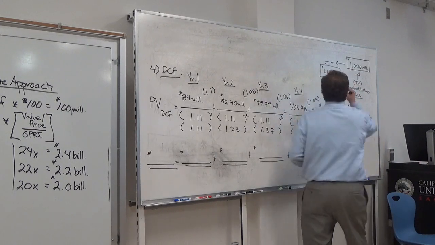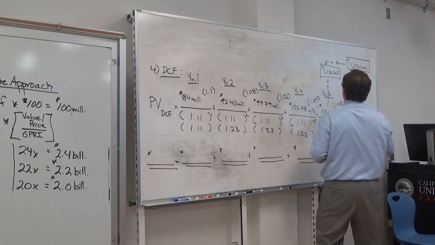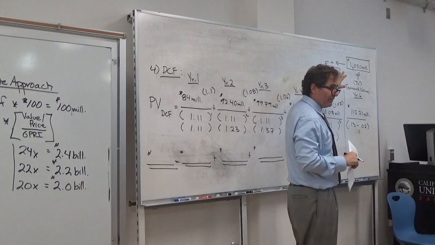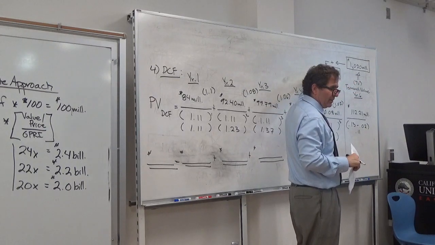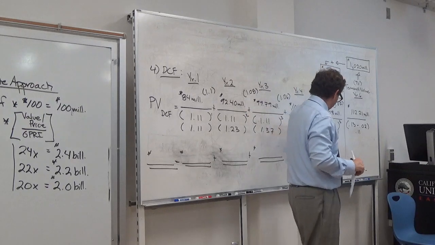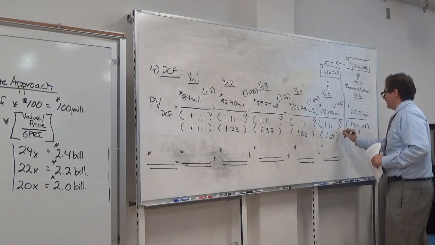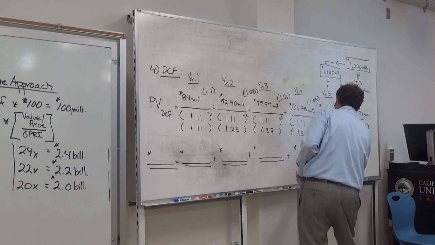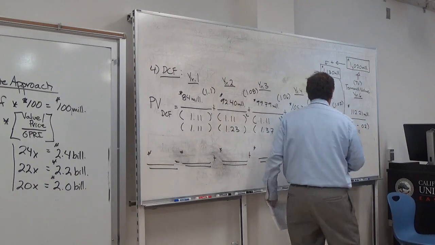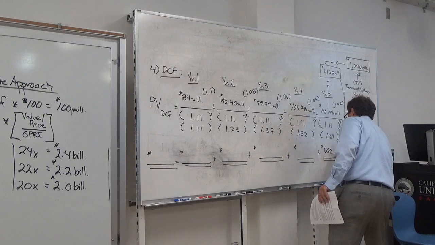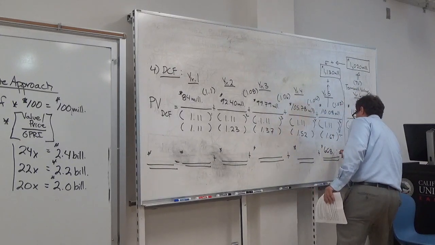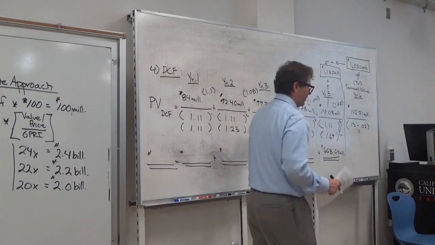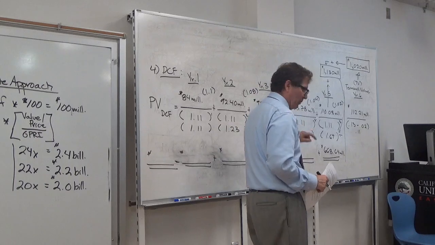And what do I want to do with it? 1.69, and that gives us what? $668.64 million.